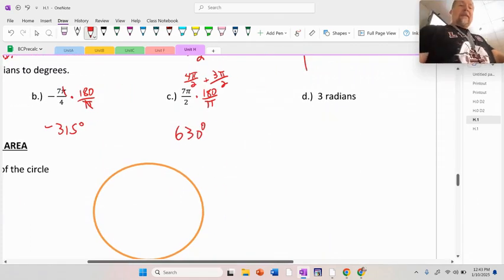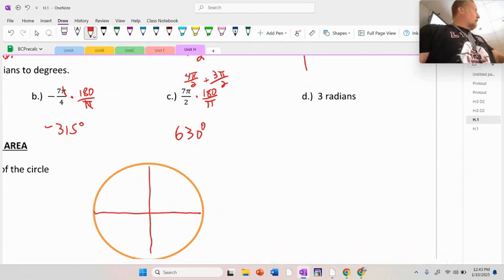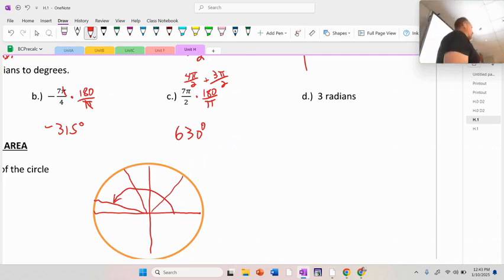And then 3 radians. Look at where 3 radians was from our animation. It was 1 radian, 2 radians, 3 radians, right? Wasn't that where it landed in that animation, correct? So what can we expect as an angle measure? A measure less than 180. So go ahead and type that on there.